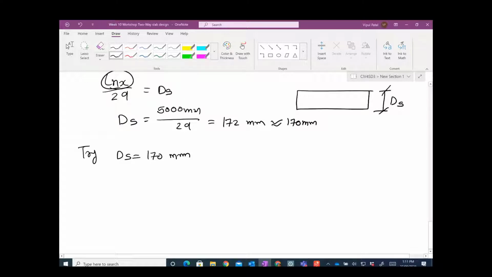Does it really happen? Because sometimes on the calculator, if you accidentally press only 500 divided by 29, you might end up with 17.2. Well, that's okay, let's take 17.2. No, you just stop there and have a feeling whether those numbers are making sense or not. You see what I mean? Everyone can accidentally put some numbers in the calculator and end up with numbers that do not make sense.